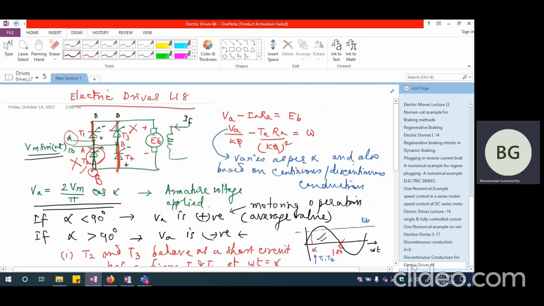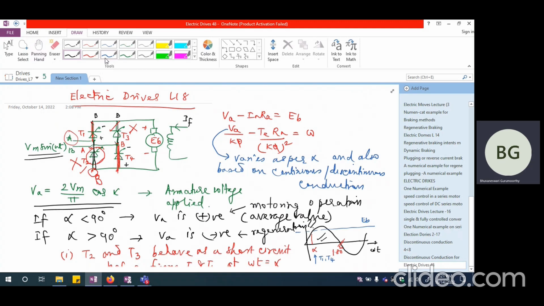But we have to check whether regeneration is possible. We have still not come to a conclusion. We have to check whether it will be possible for us to implement regenerative braking during this particular situation when alpha is greater than 90.